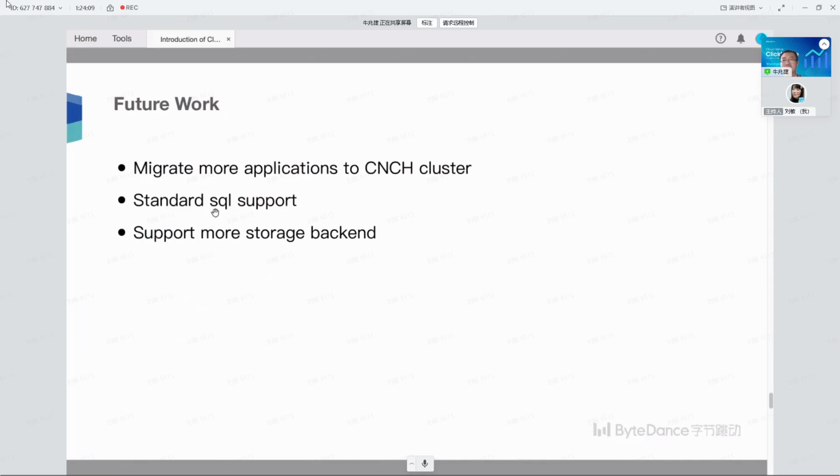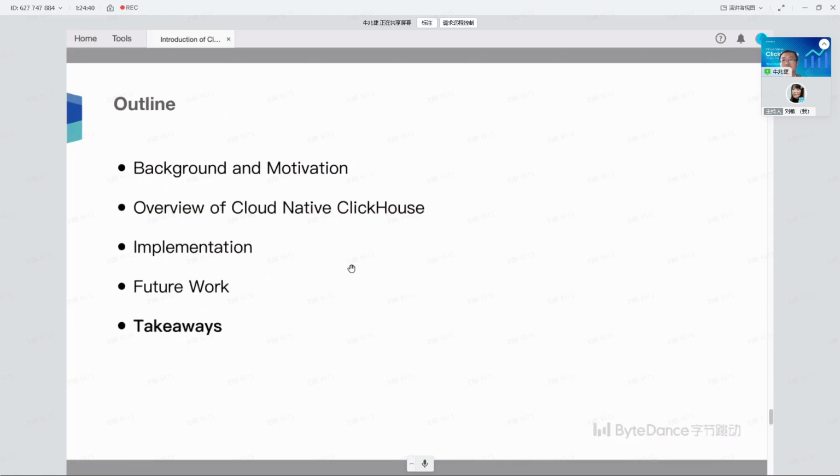Secondly, in addition to ClickHouse SQL, we plan to support ANSI SQL. And third, after having the virtual warehouse abstraction, we can support more and more storage backends. Currently we are supporting HDFS, but in the near future we plan to support more, like S3 and other storage systems.